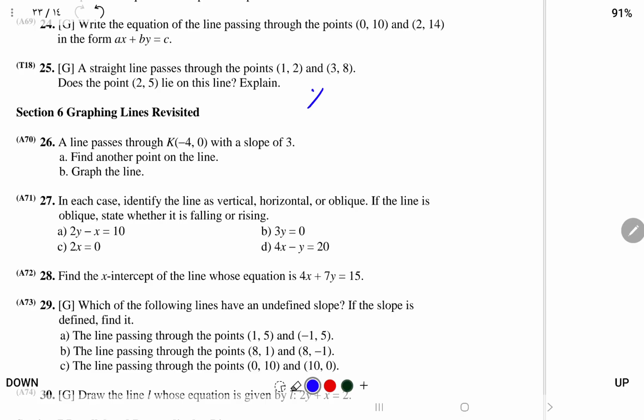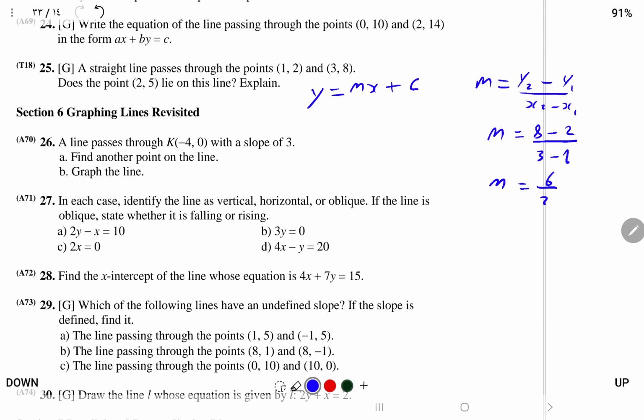So y equals mx plus c. The formula for the slope is y2 minus y1 over x2 minus x1. So m is equal to 8 minus 2 divided by 3 minus 1. M is equal to 6 divided by 2, which is 3.